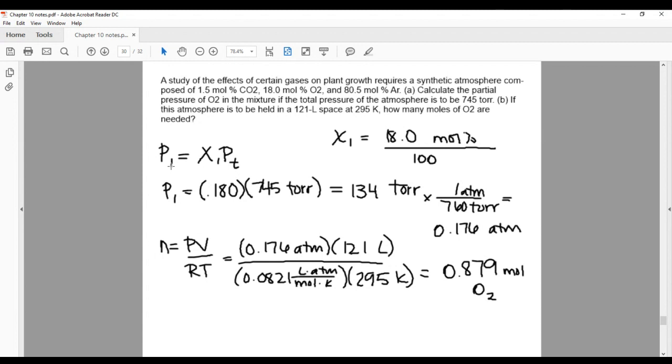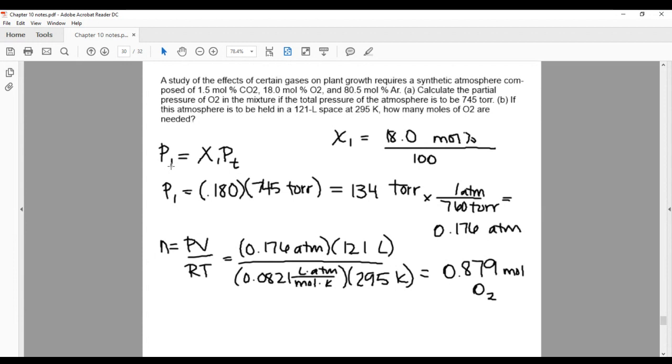So I've calculated my partial pressure of oxygen. That's part A. If this atmosphere is held in a 121 liter space at 295 Kelvin, how many moles of O2 are needed? So I got my pressure of O2. Now they want to know moles of O2, and they've given me volume and temperature.